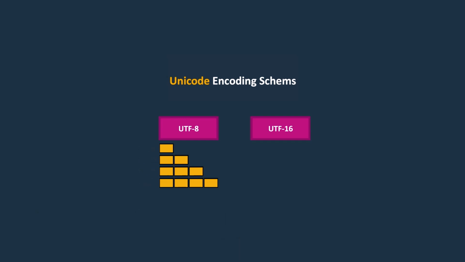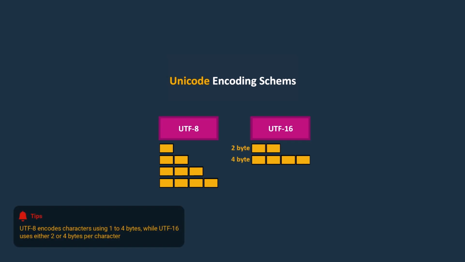UTF-16 is another Unicode scheme using 2 or 4 bytes per character and supports all characters like UTF-8 but with different byte orderings.